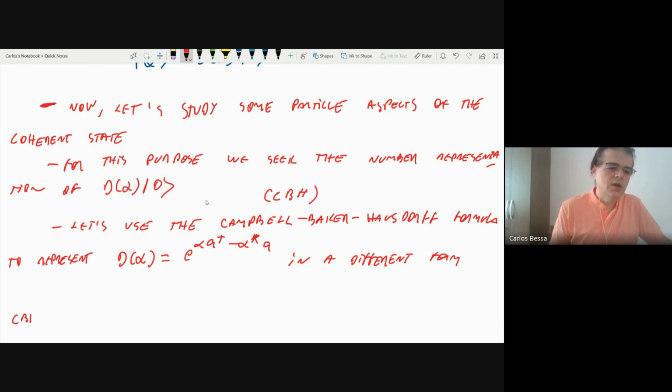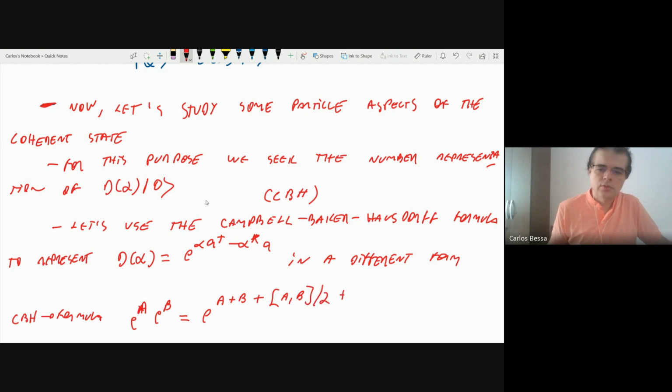So the CBH formula, in general, gives the exponential of operators A and B, and would be written in this way: A plus B plus the commutator of A, B over 2, plus 1 over 12 the commutators of the commutators, and other terms.